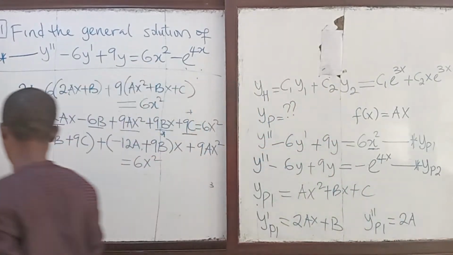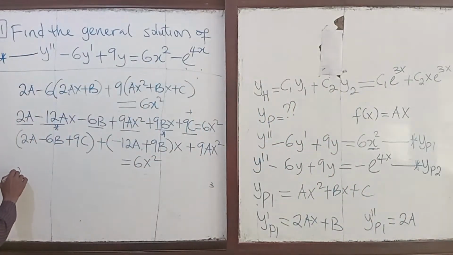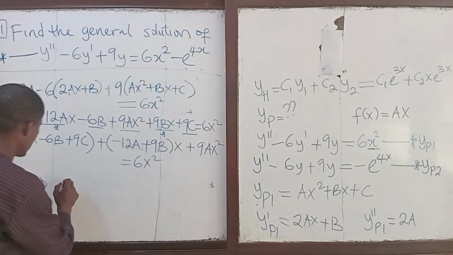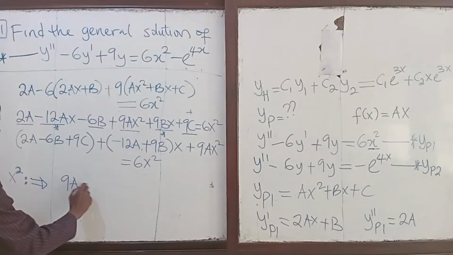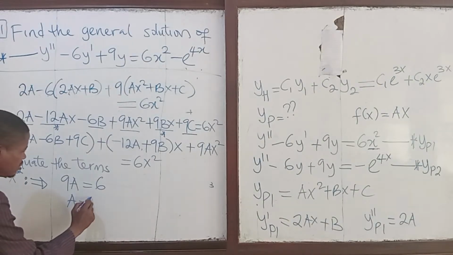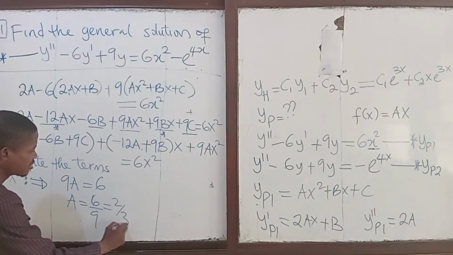I'm going to start with the x squared. Equate x squared on the two sides of the equation. For x squared, we have 9a on the left. On the right, we have 6. Equate the terms, 6 over 9, which is 2 over 3.